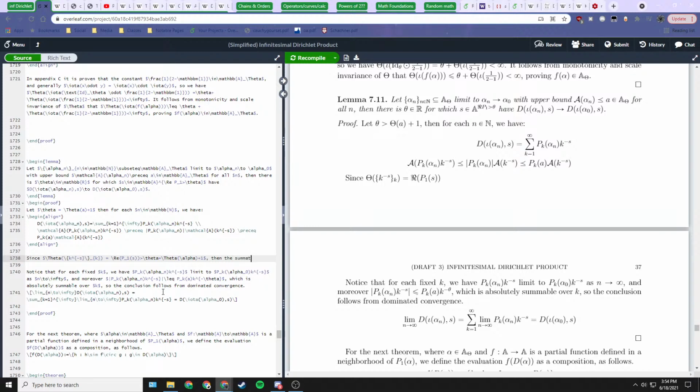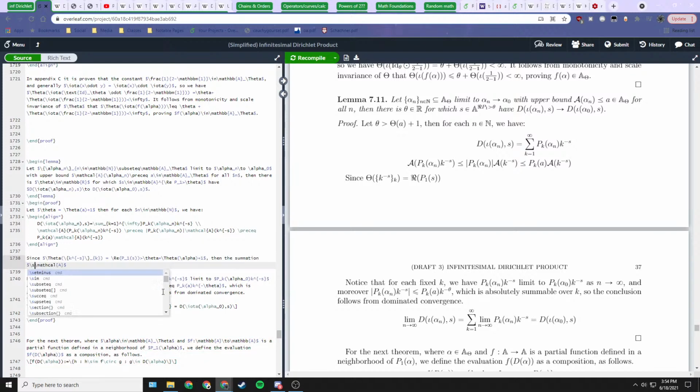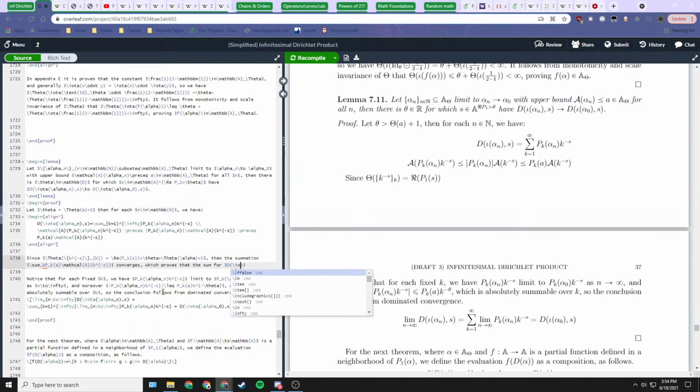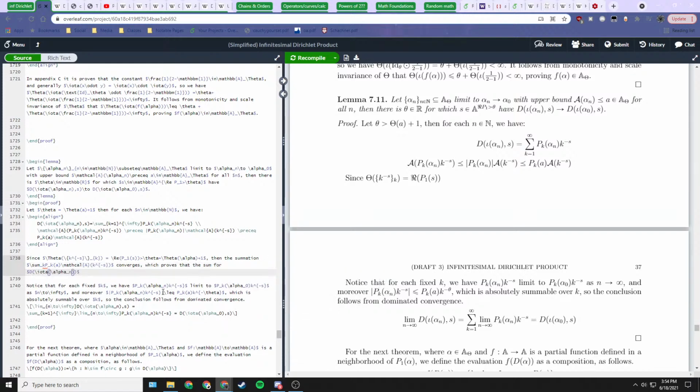the summation across k of p sub k A times a k power minus s converges, which proves that the sum for D iota alpha sub n s is dominated across all n by, actually yeah, that's pretty much it.